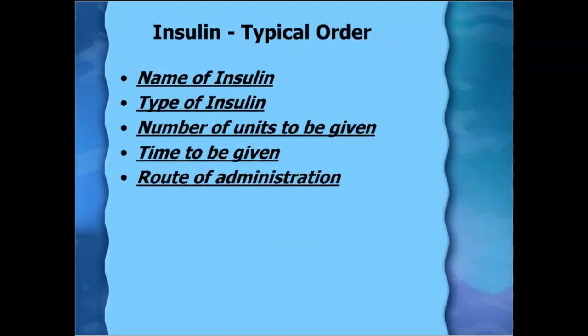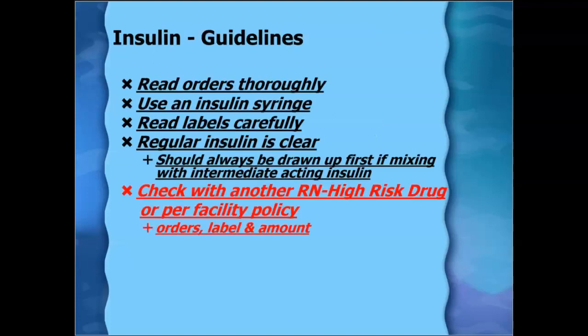So in a typical insulin order, your doctor's going to tell you the name of the insulin, type of insulin, the number of units you're going to be given over a specific time frame, and the route to be given. You want to definitely read the orders thoroughly. You want to definitely make sure you're using only an insulin syringe. You're going to read the labels extremely carefully.